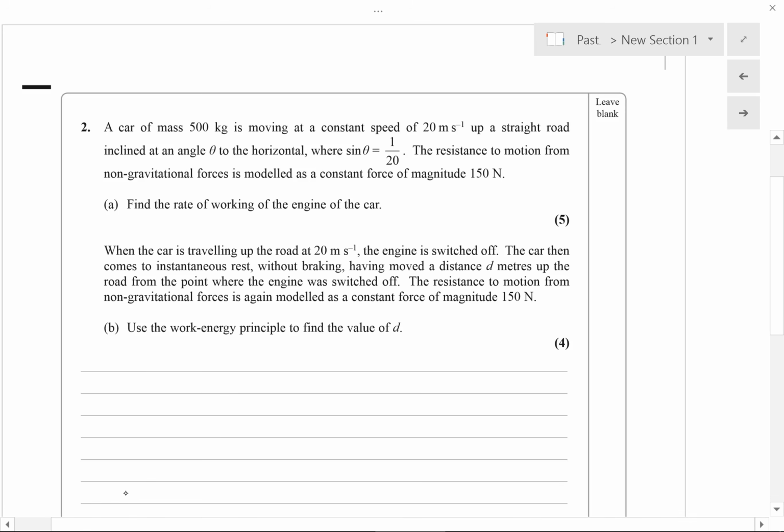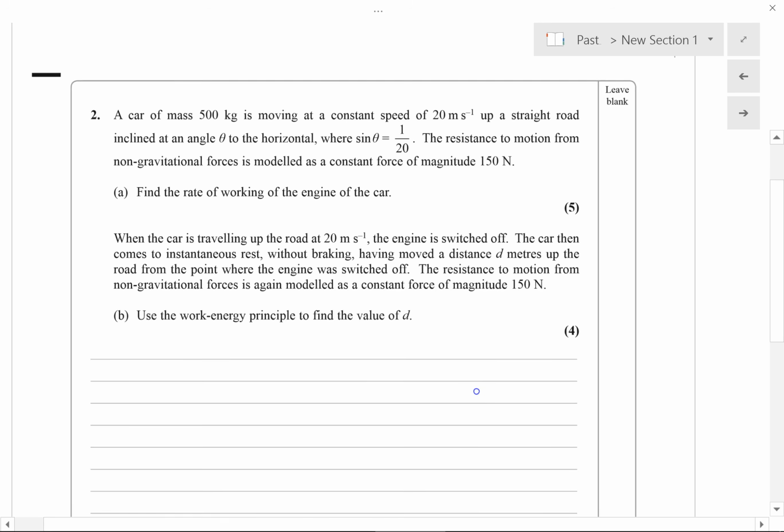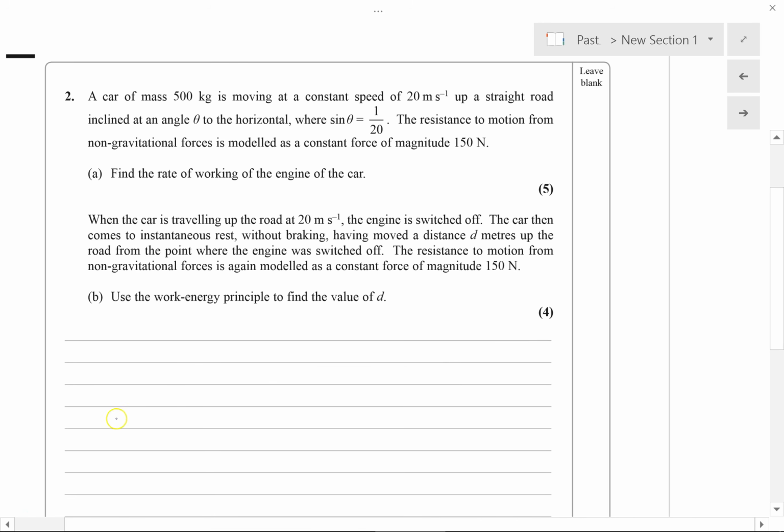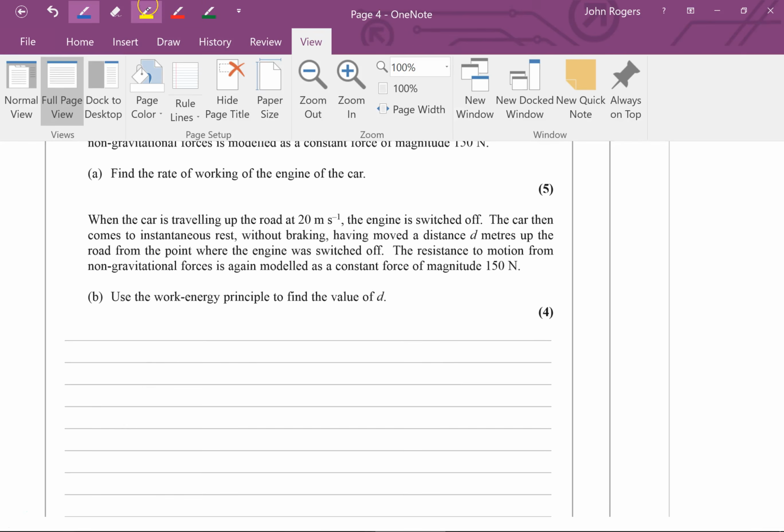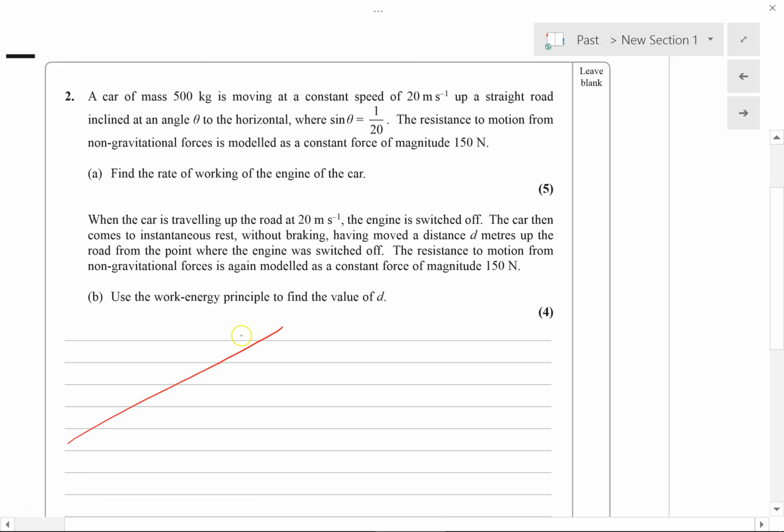For the first part, we've got a car moving up a hill at an angle theta to the horizontal, which is given. There are constant resistances. So we've got this car going up a hill. Resistances are constant, 150 newtons.